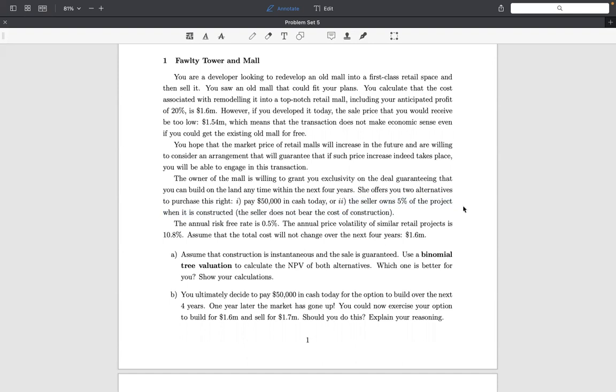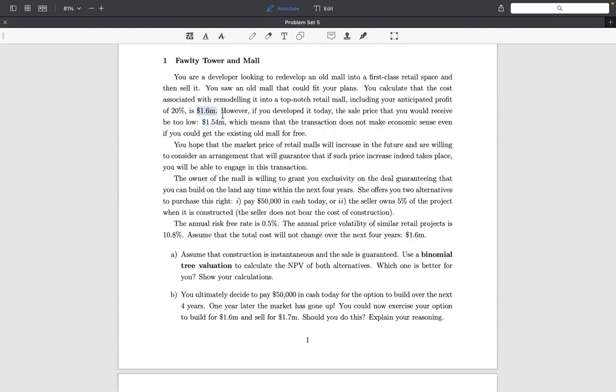One thing is I find some of you used the put option binomial tree, which is wrong, because this is a build or not build option, and the strike price is 1.6 million.